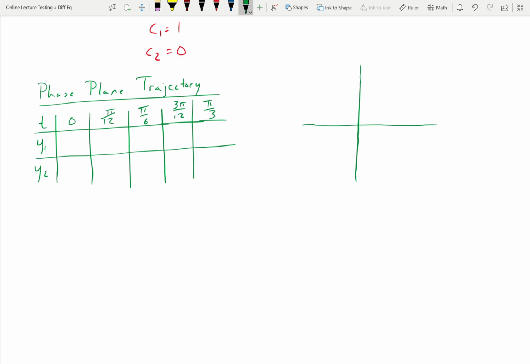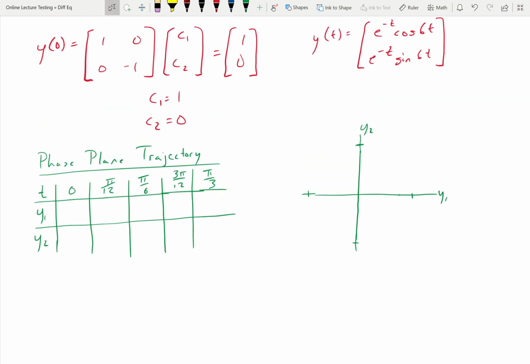Okay, we're going to graph this as best as possible. This is y1, this is y2. All right, so when I plug in 0, we're going to get 1, and we're going to get 0 here. So I'm going to dot these points, and so this is (1, 0).